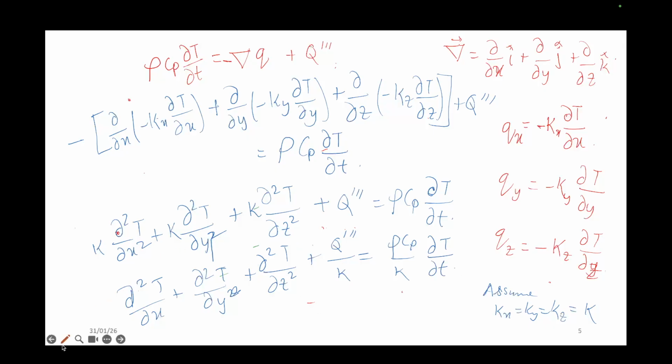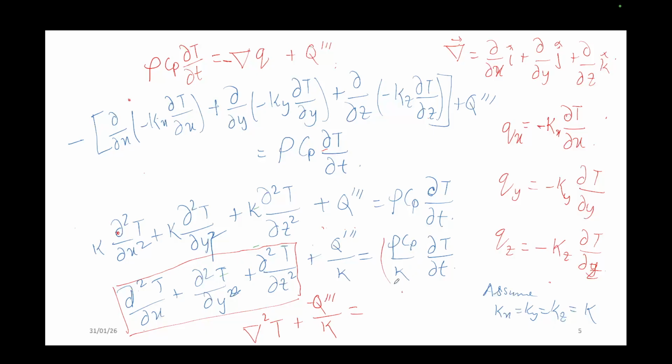So this thing means I'm talking about this part. Can I write this part like that? Can I write this one as del square T, right? Plus q triple dash by k, and this term, what is this term known as?